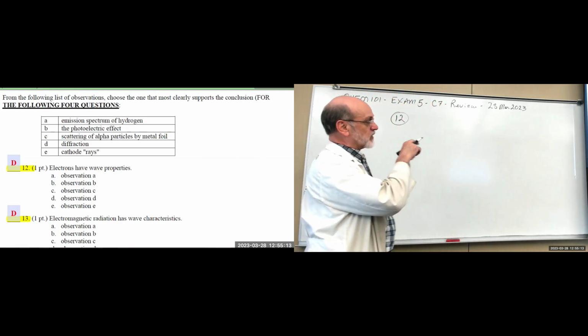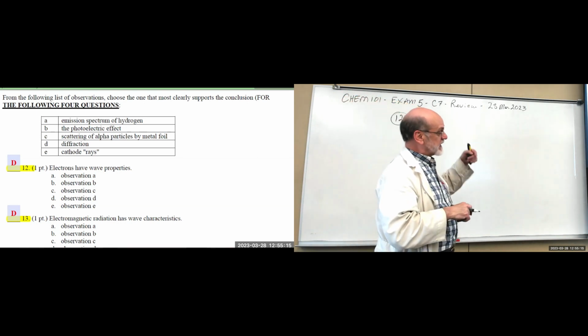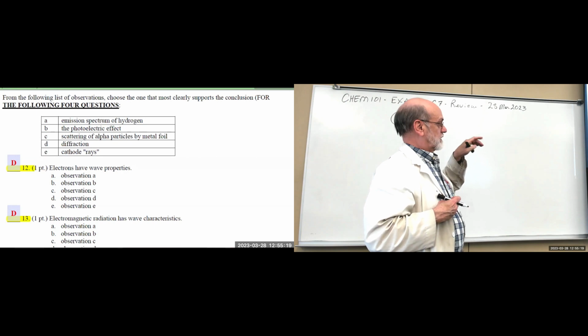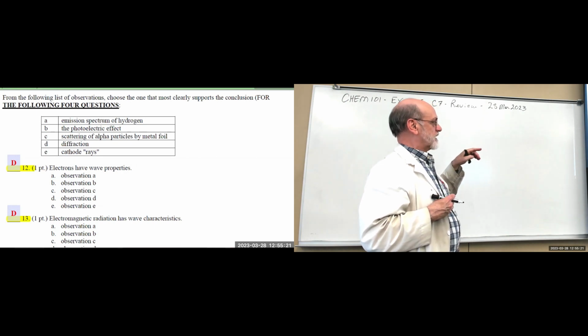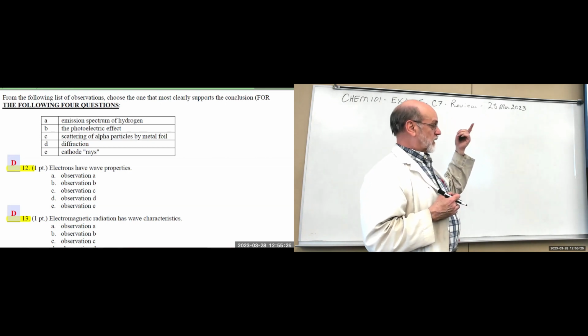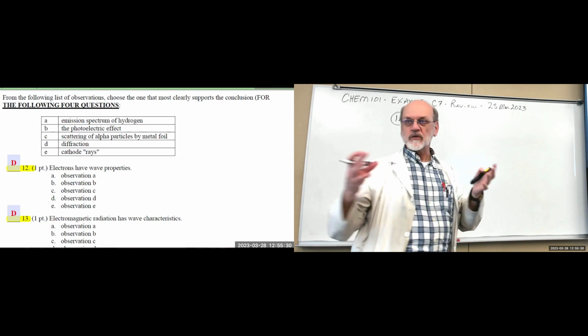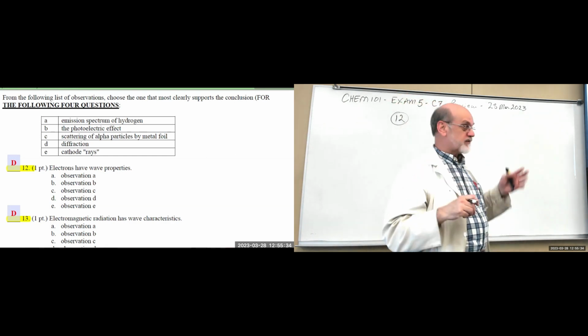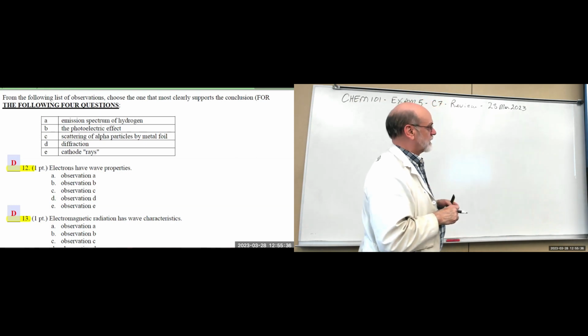And we're going to look at that list of A, B, C, D, E and say, which ones of these support the wave property of electrons? And notice we only have one choice, A, B, C, D, or E. I mean, there's no 2 of the above, none of the above, that kind of thing. So once we find our answer, we're done.